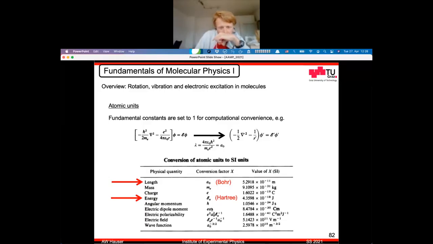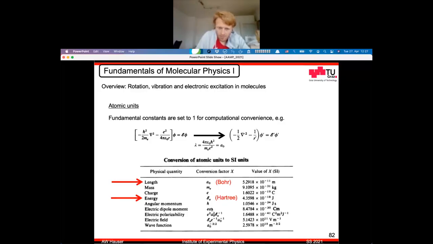The only consequence of introducing these simplifications is that we get slightly weird units for the standard units, such as energy, length, and so on. I have pointed out two physical quantities which are most relevant to us, which will be the length, and in atomic units, the length is in units of Bohr, typically written as a_0, as one piece of the Bohr length, and the energy comes in the unit of Hartree.